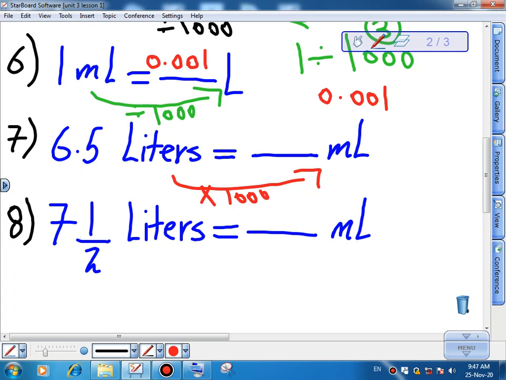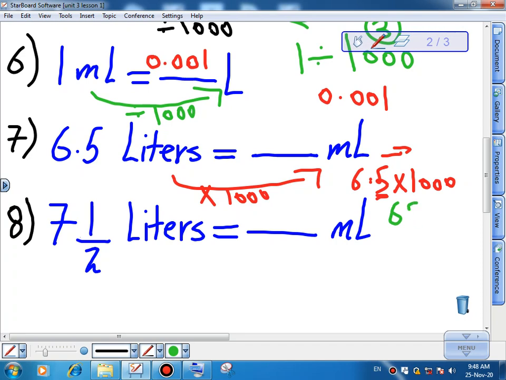6.5 times 1,000. We need to put the decimal point after 3 digits to the right side. Okay? I have only 1 digit after the decimal point, which is 5. So I will write the number like this.